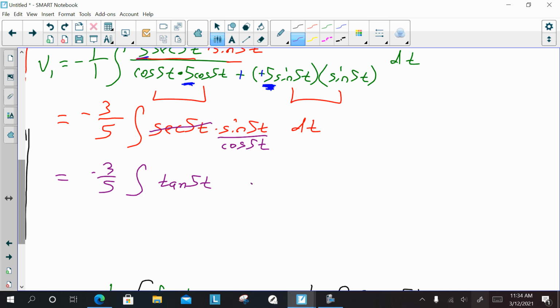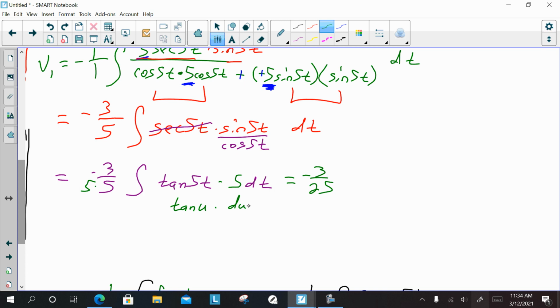So instead of integrating secant like we did, we actually need to integrate tangent. So tangent, let's see. If this is u, we need a 5 here to go with our du, and we need to pick up a 5 on bottom there. So we have a negative 3 over 25, and then we need to integrate tangent u du.